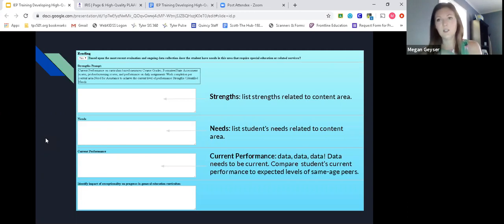So you might see that you have repeated strengths and needs in the current performance, but I think that's okay as long as you have very detailed, lots of data for the current performance.